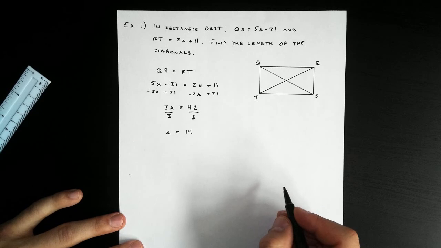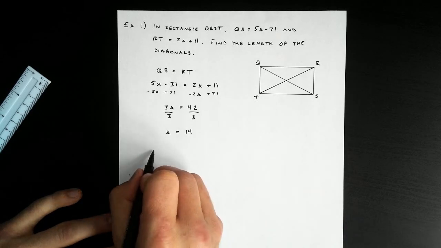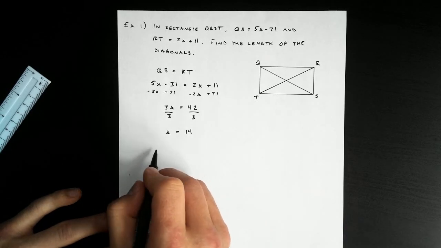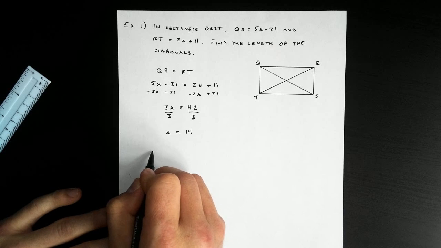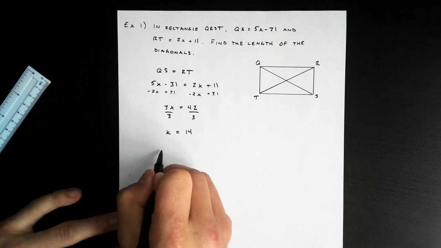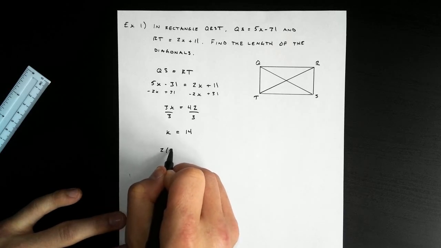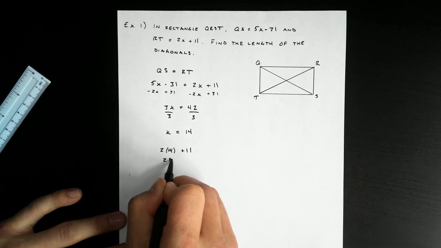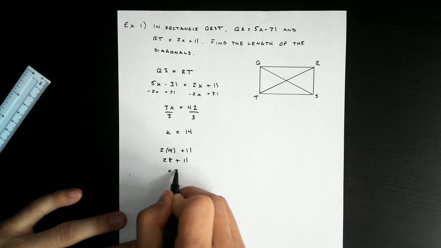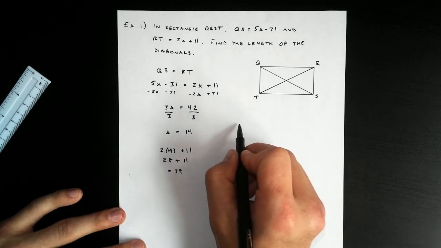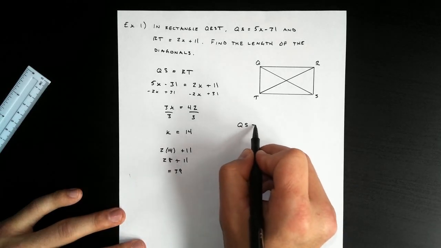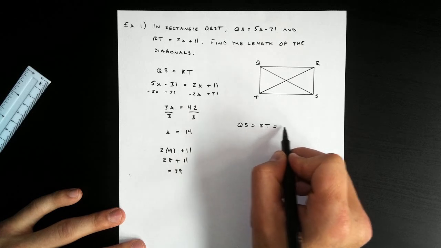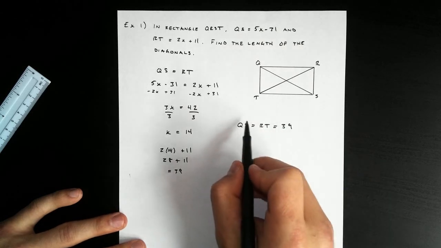And now that I know the value of x, we can plug that back in. And since they're the same, it doesn't matter which one we use. So I'm just going to plug this back into the second one. So 2 times 14 plus 11. This is 28 plus 11, which is 39. So that means QS and RT are both 39.